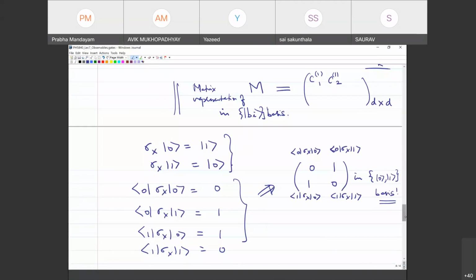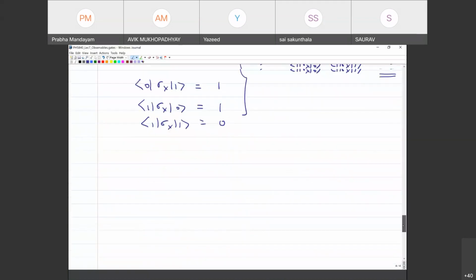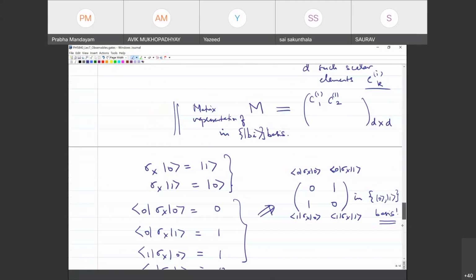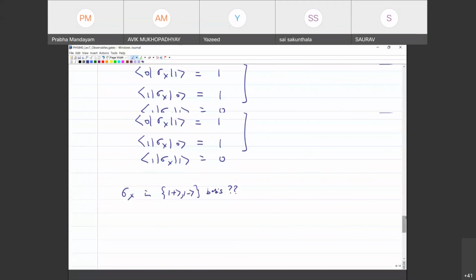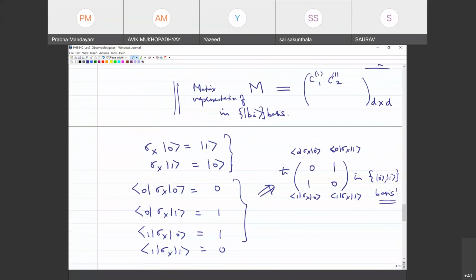Is this idea clear? Now let me ask you, what is the matrix representation of sigma x in the plus minus basis? This, of course, comes with an overall h bar by 2.